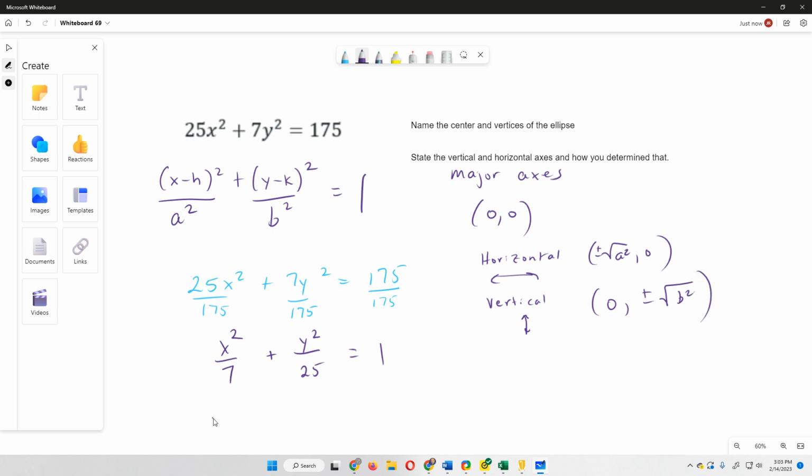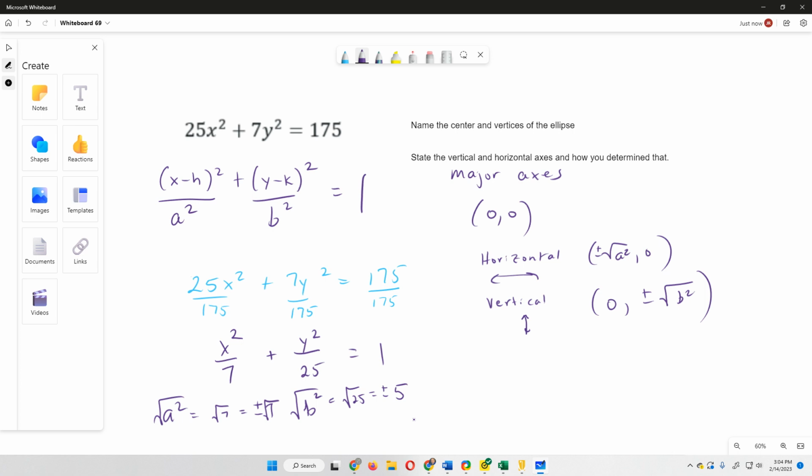So in this case, the square root of a squared equals the square root of 7, which is positive or negative square root of 7. The square root of b squared is going to equal the square root of 25, which is positive or negative 5.